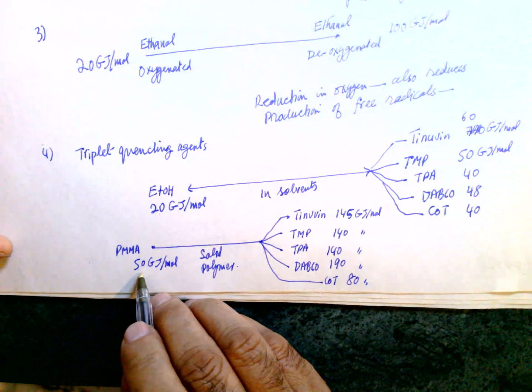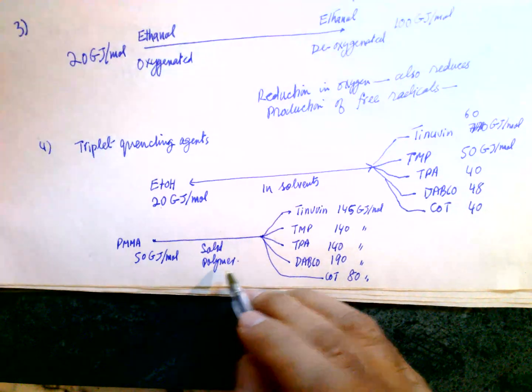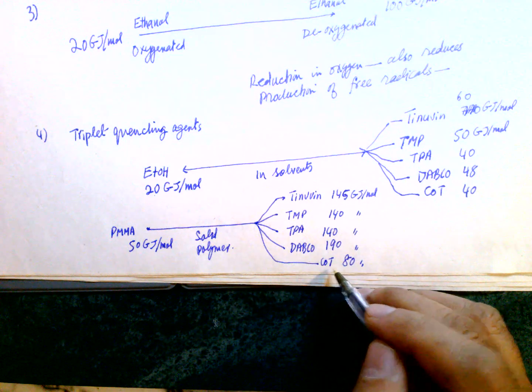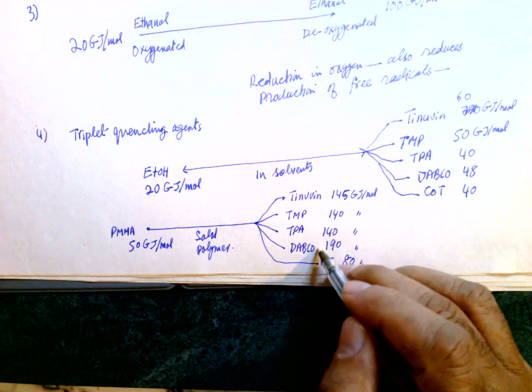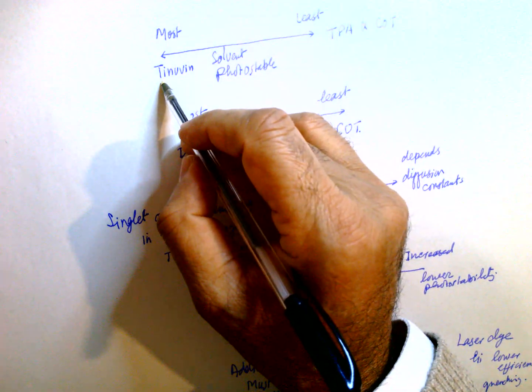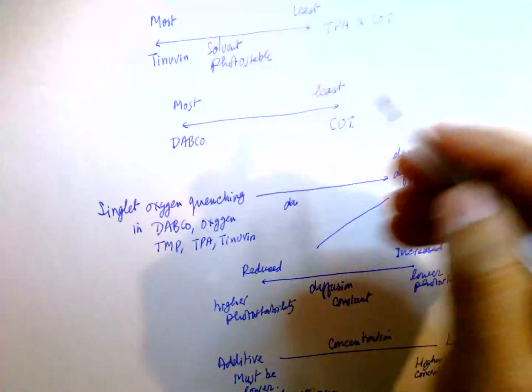In solid PMMA, 50 gigajoule per mole, with TMP, TPA, DABCO, and the best result is DABCO, which is 190 gigajoule per mole. So the most in solvent is the best agent, the least is TPA.